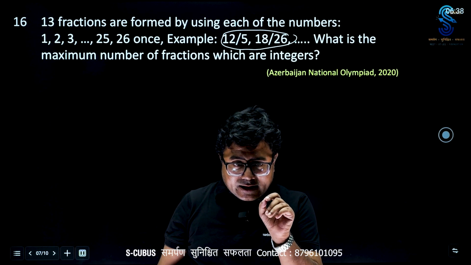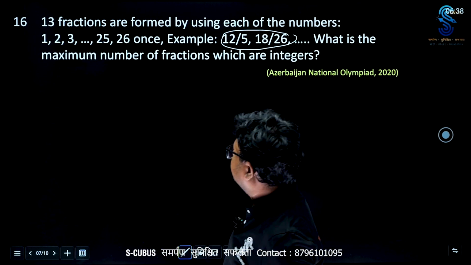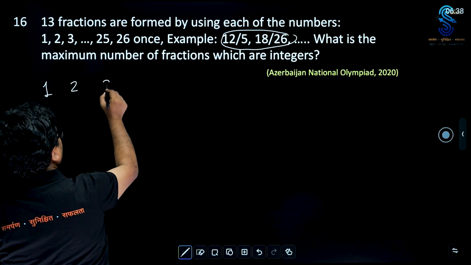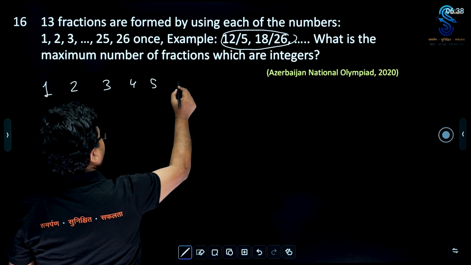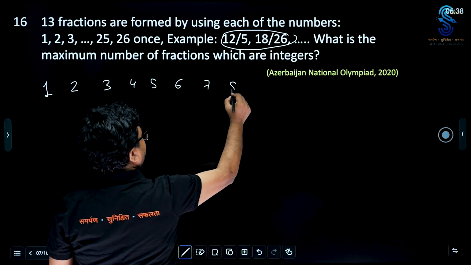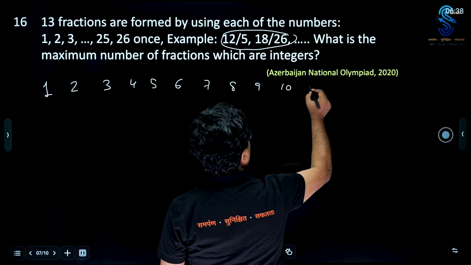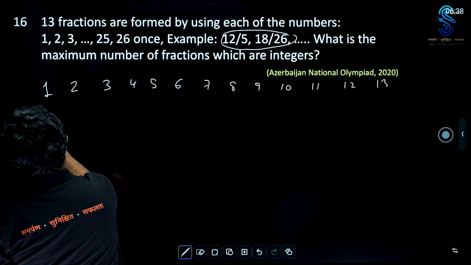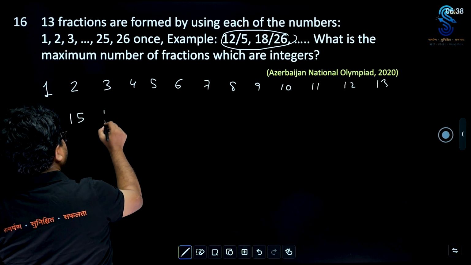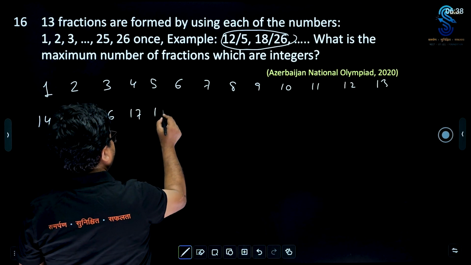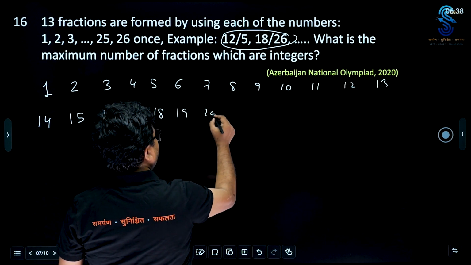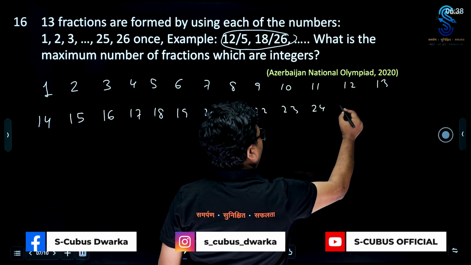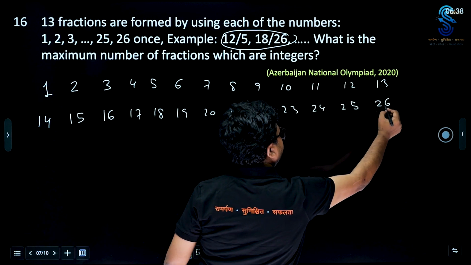But if I consider a prime number more than 13, okay, let's consider the numbers 1, 2, 3, 4, 5, 6, 7, 8, 9, 10, 11, 12, 13, 14, 15, 16, 17, 18, 19, 20, 21, 22, 23, 24, 25, 26.